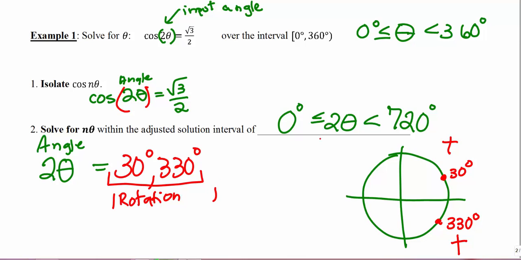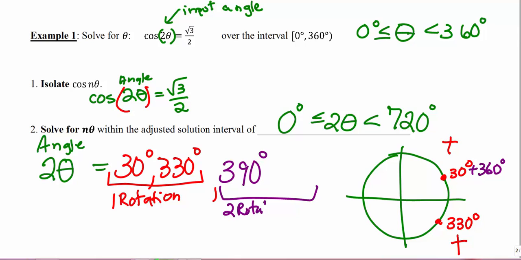Well, for 2 theta, we're asked to go twice around the circle, from 0 to 720. So we're going to go around the circle again. If I go one complete rotation and then 30 degrees more, we're going to find a coterminal angle to 30 degrees. For the second time around the circle, we get 390 degrees.